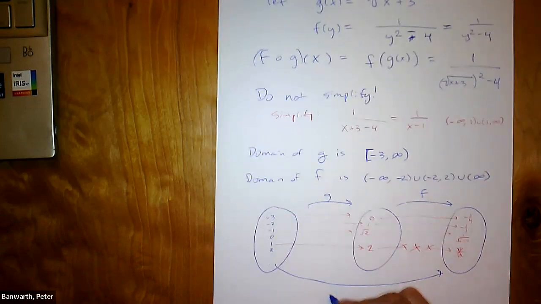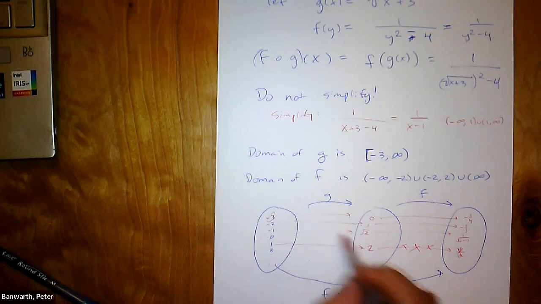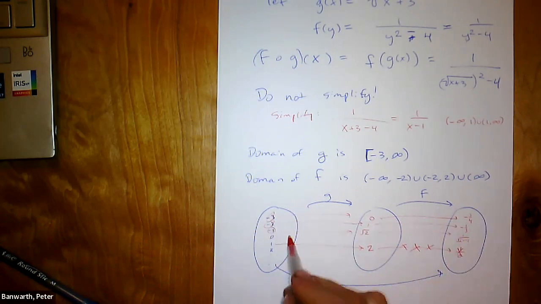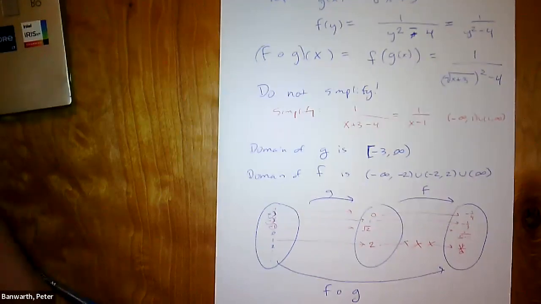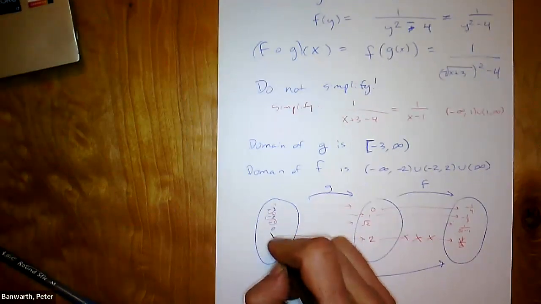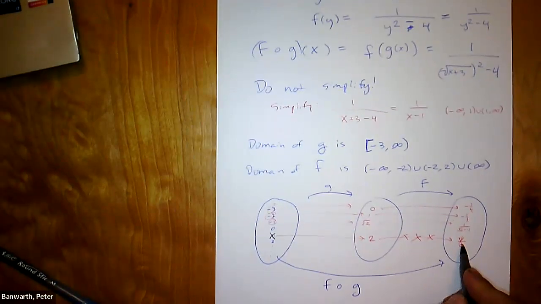So if I want the domain of F composed with G, I find the x values that go into G that ultimately give me an output in F. And so this number is okay because it goes all the way through. This number is okay because it goes all the way through. 0 would be okay, but 1 is not going to be in my domain of my composed function because it can't go all the way through.